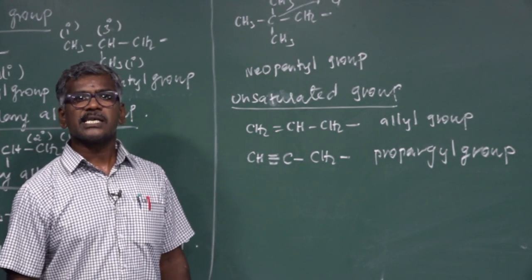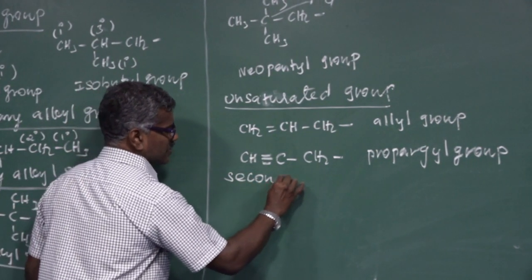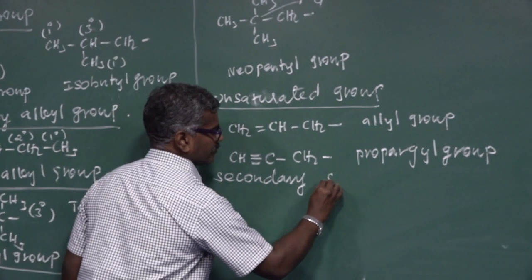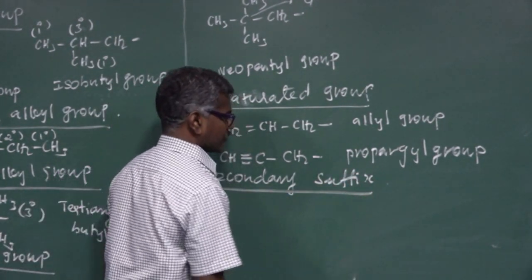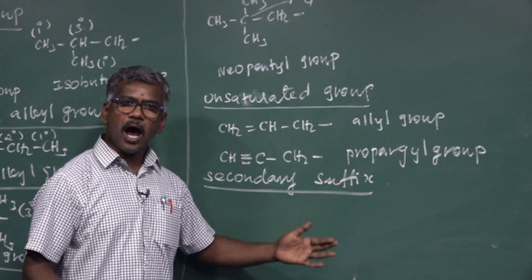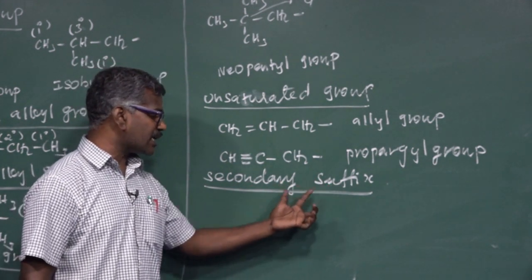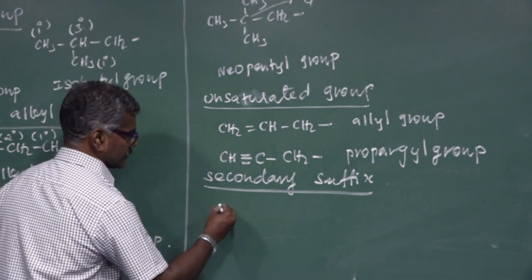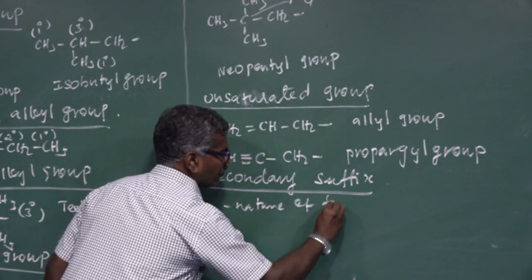Another one is the suffix, that is the secondary suffix. What is the meaning of suffix? A suffix is added after the word root. What is the meaning of secondary? This indicates the nature of the functional groups.